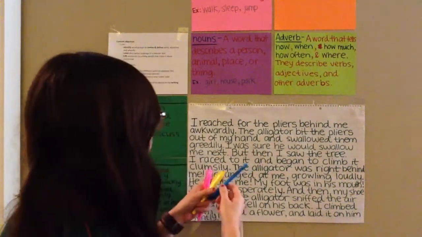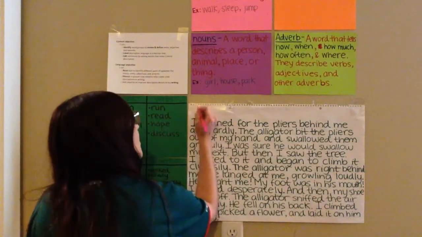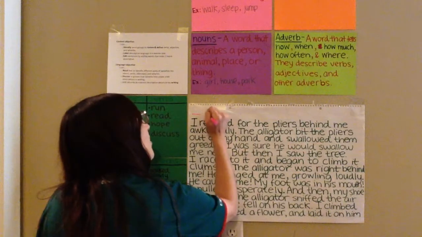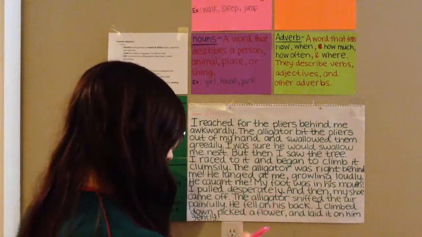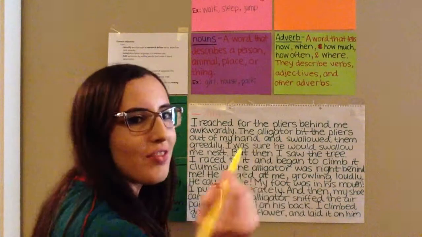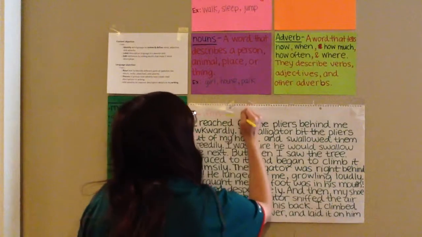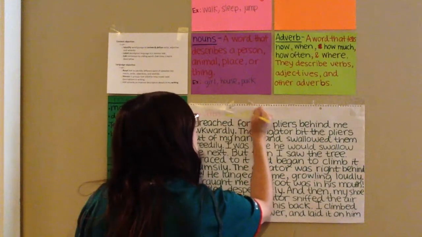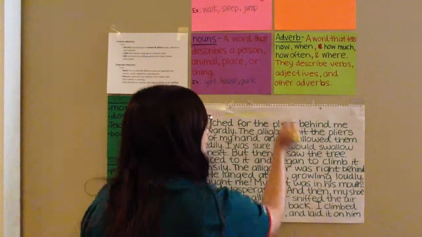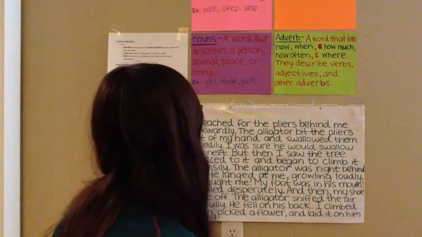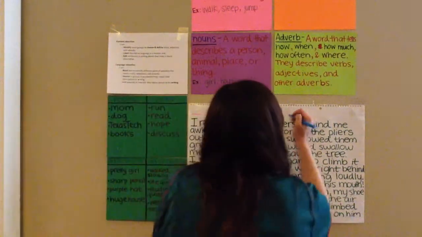So let's see, verbs, the paper's in pink for verbs, so let's go ahead and say that verbs are pink. Then our adjectives are orange, but I don't have an orange highlighter, so yellow will be for adjectives. And then I have blue, and we can do blue for adverbs.